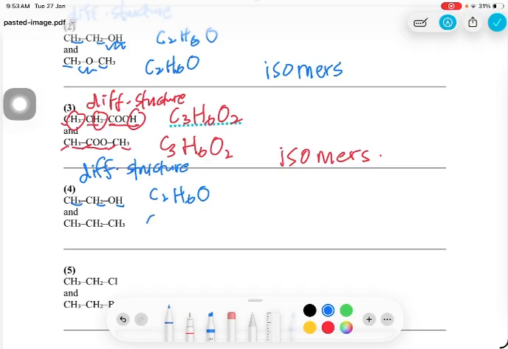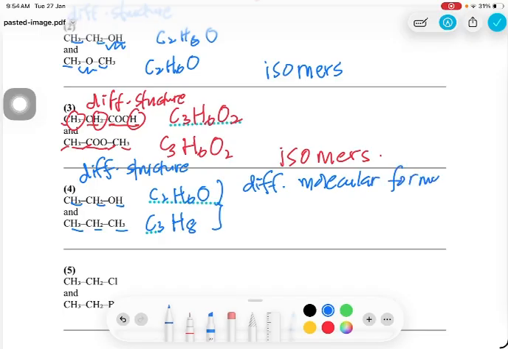For the other one, we have 3 carbon, and then we have 3 plus 2, 5, plus 3, H8. Even though they have different structure, but they also at the same time have different molecular formula. So for the fourth pair, they are not isomers.